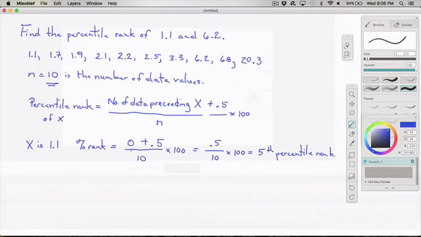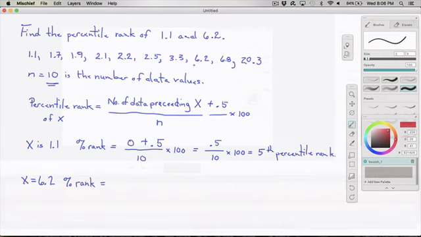Now let's try another one. Let's try X is 6.2. Okay, so our percentile rank equals, well, let's go to 6.2. I'm going to use some red so I don't get all this confused.